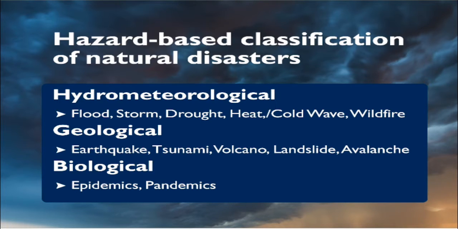On the other hand, geological disasters have examples such as earthquakes, tsunamis, volcanoes, landslides, and avalanches, with origins mostly associated with the movement of the earth. And then we have a third category of natural disasters, biological disasters. These include things like epidemics and pandemics. Once again, infectious disease outbreaks that worsen and become overwhelming.